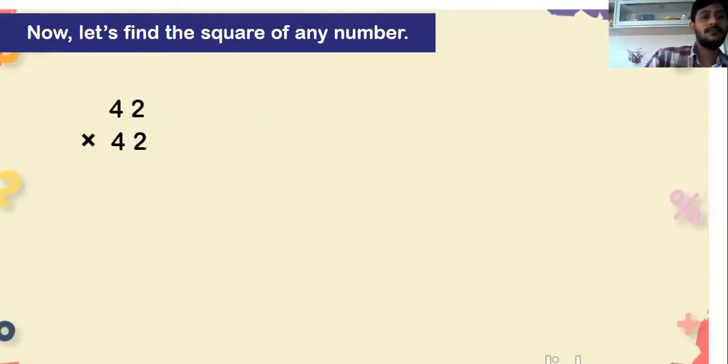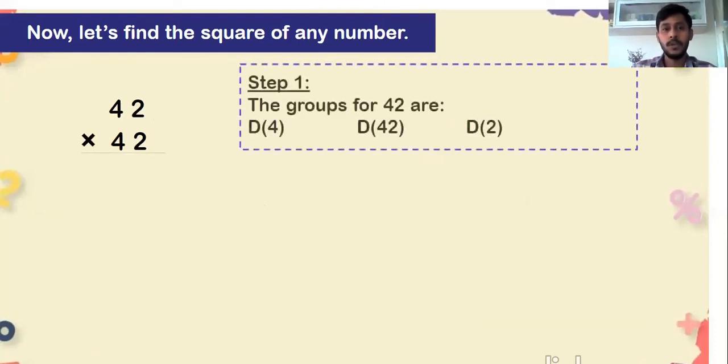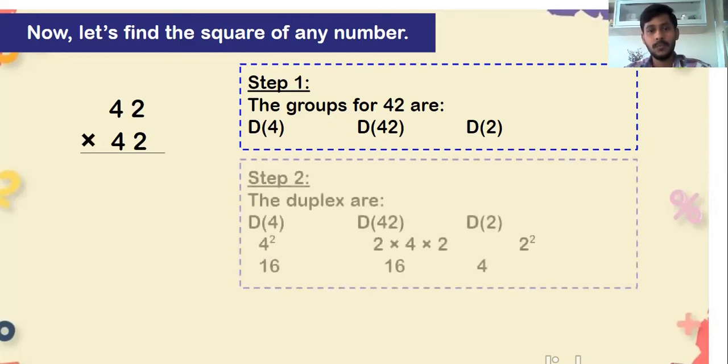So we will find the square of 42 again. Here the value of a is 4 and the value of b is 2. We divide it into groups. For a it is 4, so the duplex of a will be the square of 4. The second digit will be 2ab, so a into b is 4 into 2. The third digit will be the duplex of b, and here b is 2.